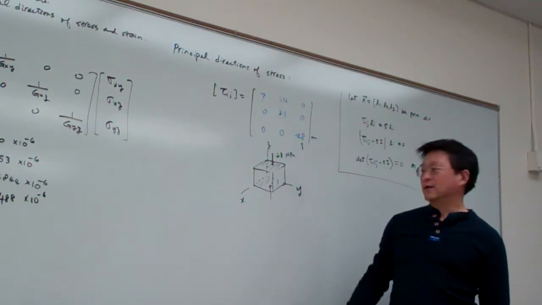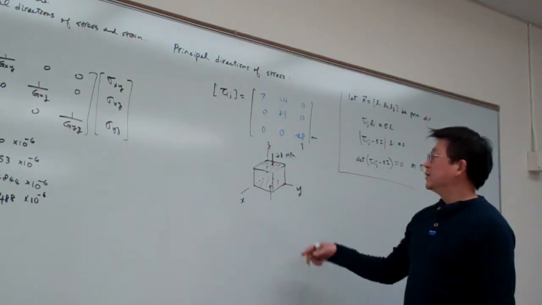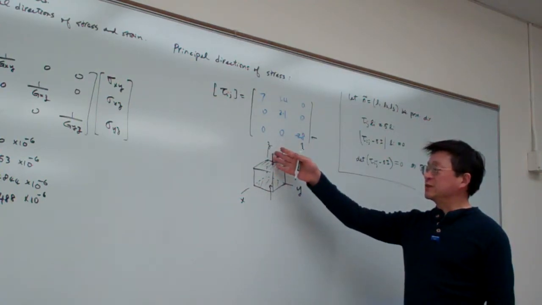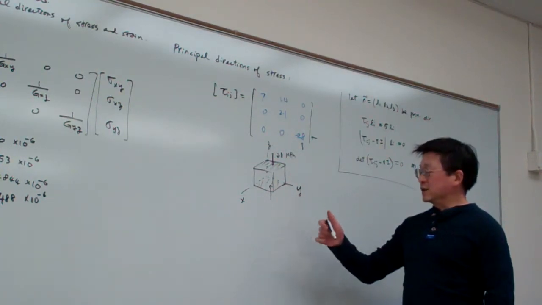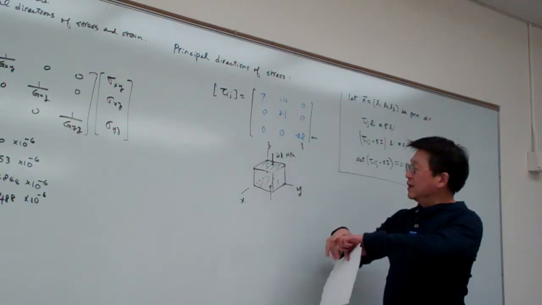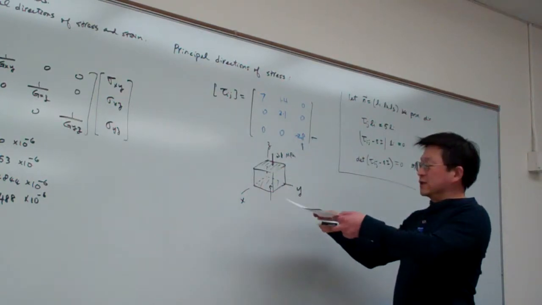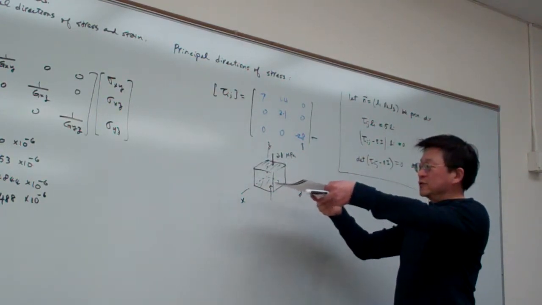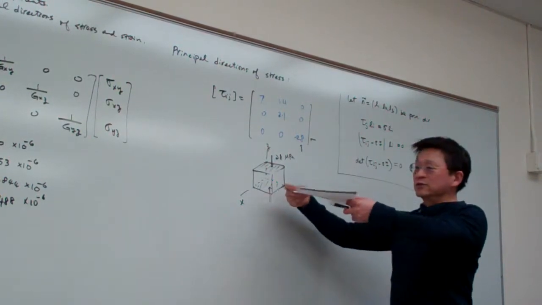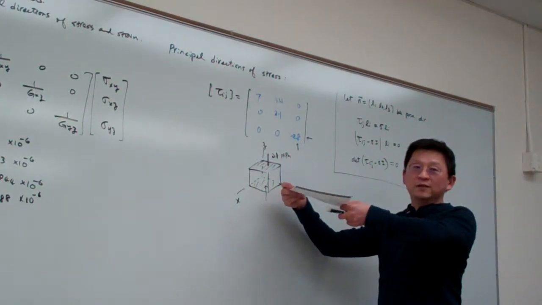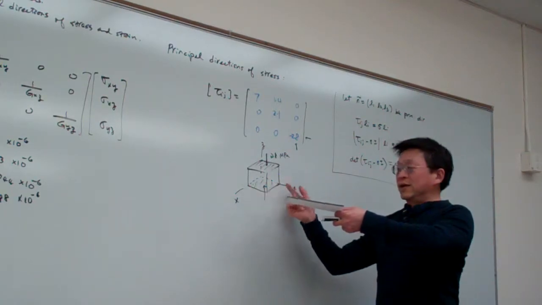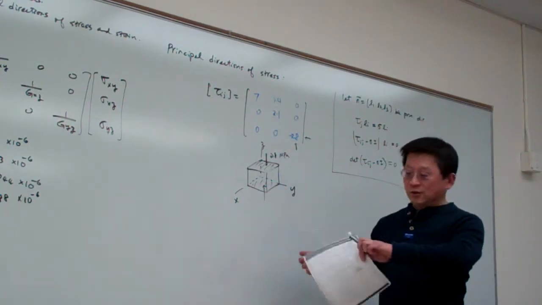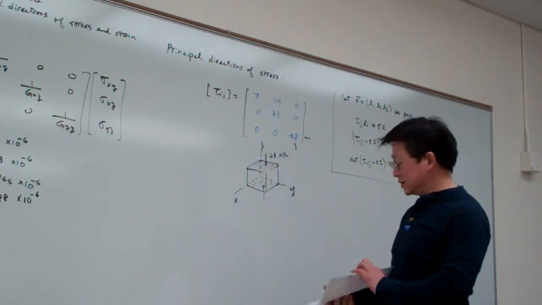Good? Okay, so basically we have determined z, and the remaining is this. Assuming this is the block, we simply rotate about the z direction to a different orientation, then we can obtain the other two by rotating x, y to a certain orientation.